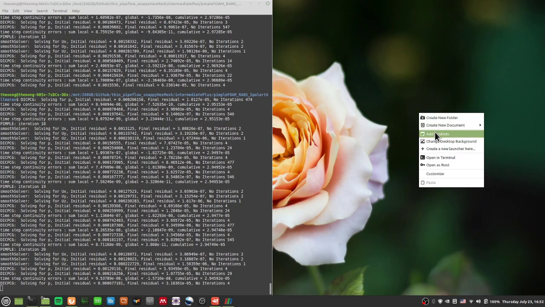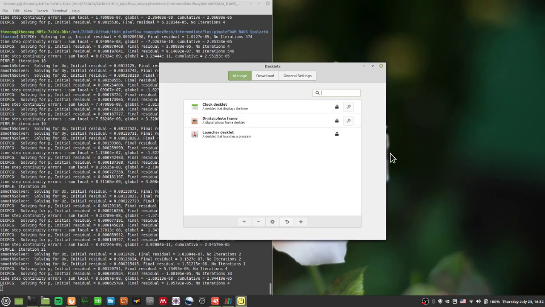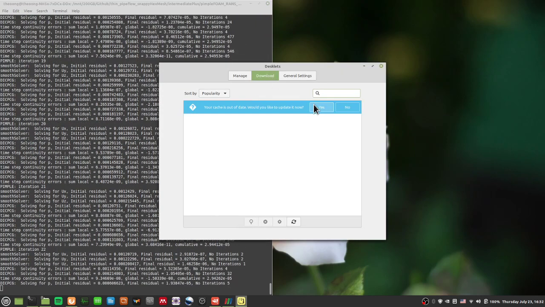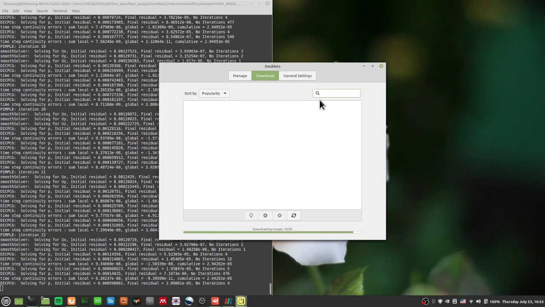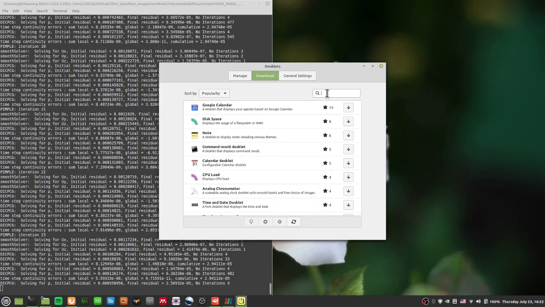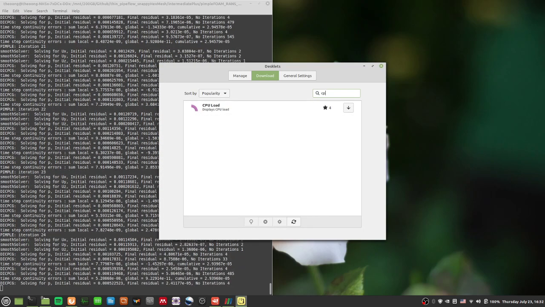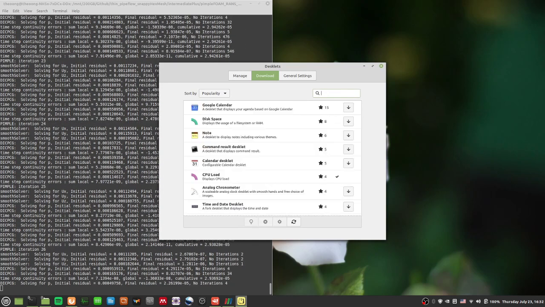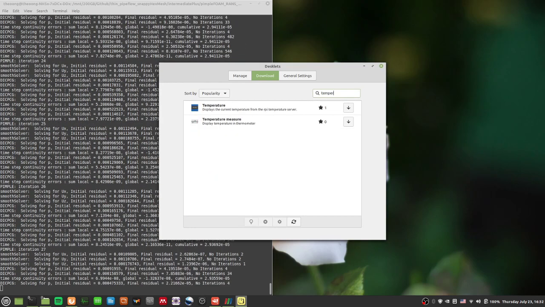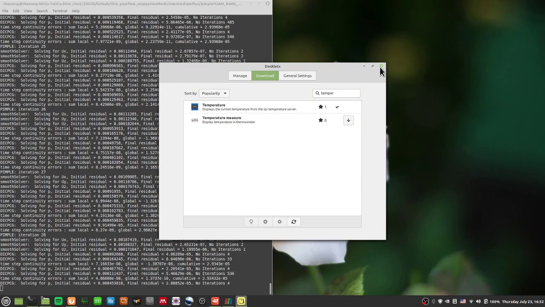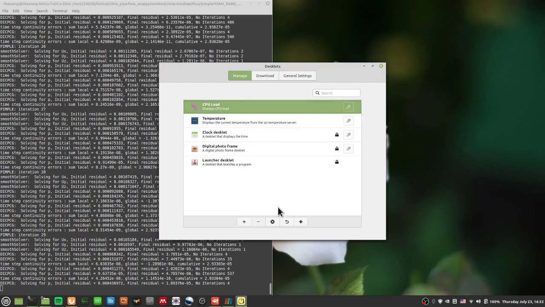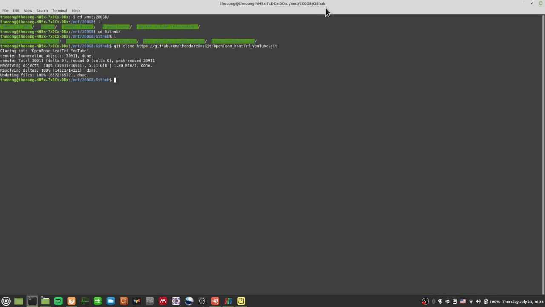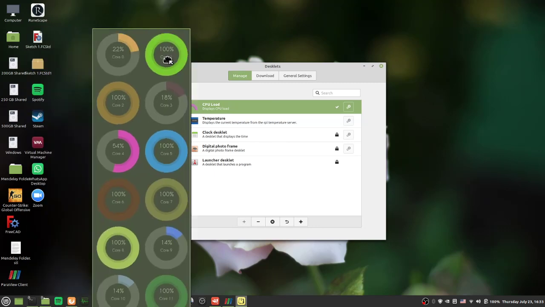Let's see. I want to add some desklets for CPU usage, just for convenience, CPU load. Let's see, GPU, no, don't have. Temperature. All right. Let's give this a go.